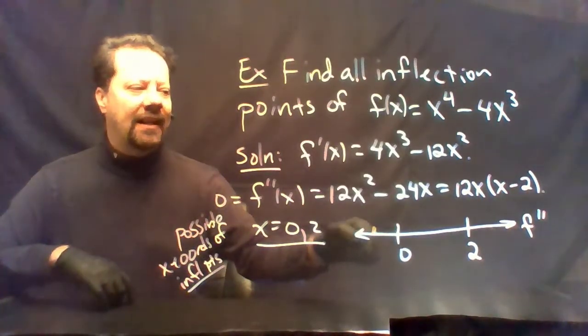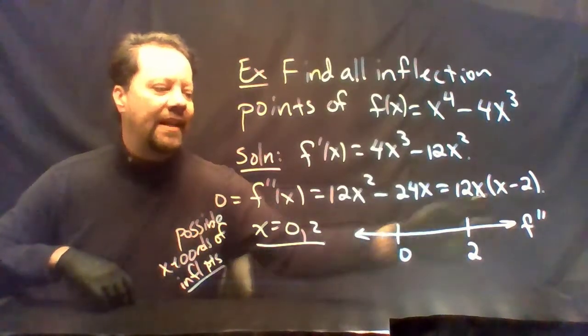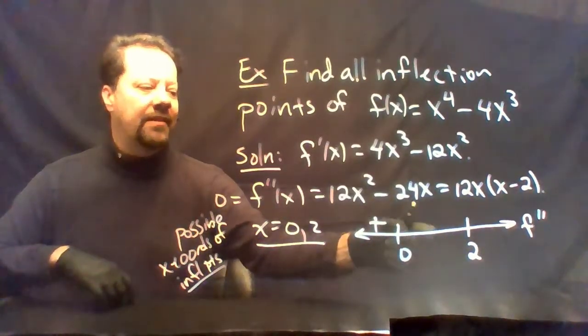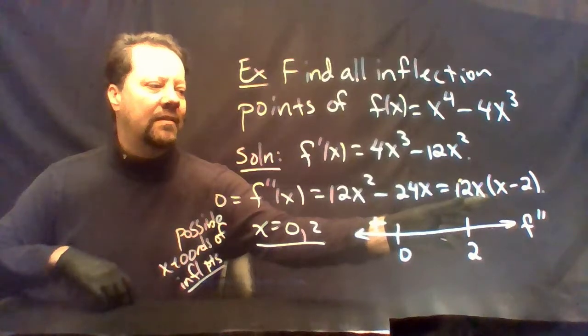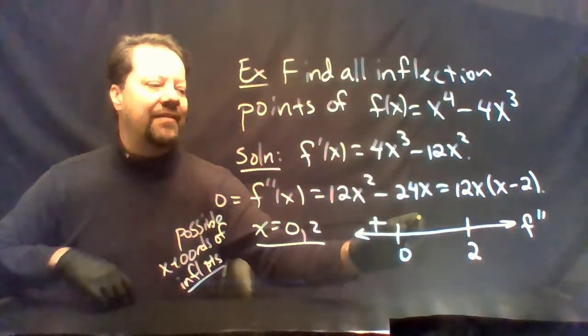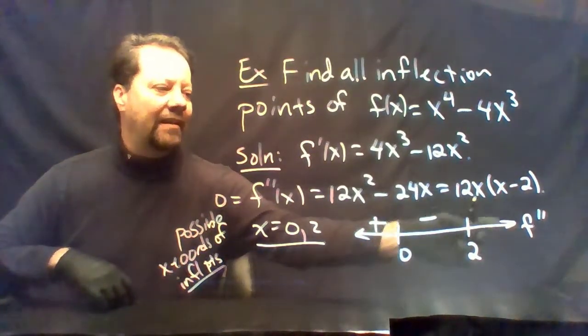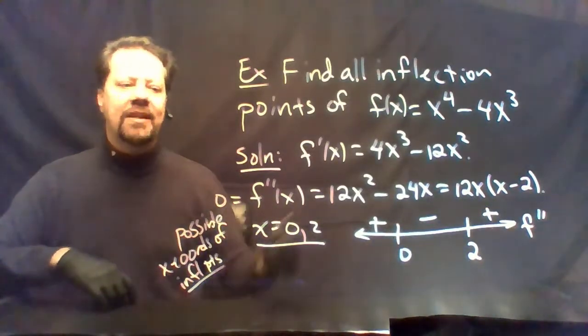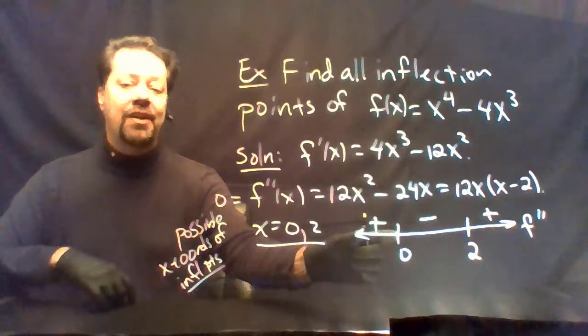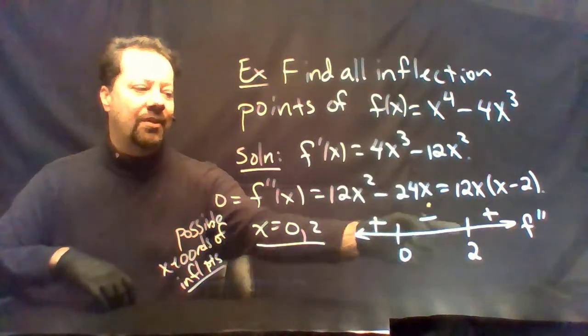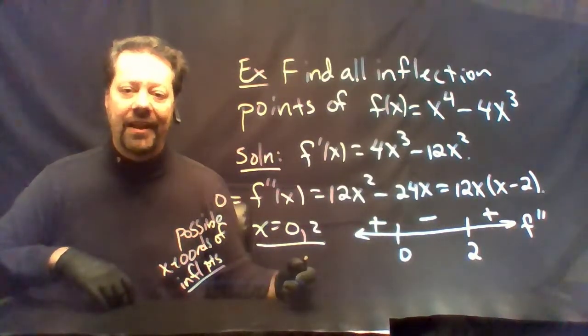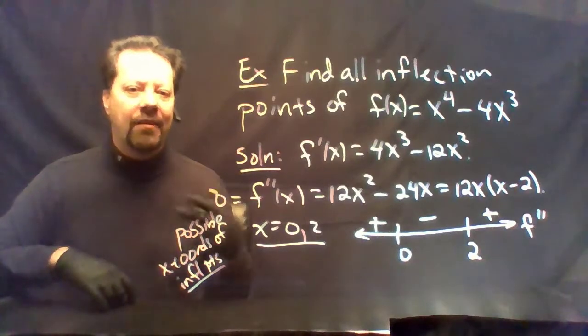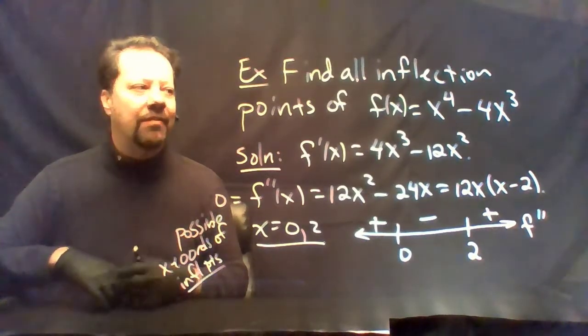Plugging in something like -1, we get negative times negative is positive. Plugging in 1, positive times negative is negative. Plugging in 3, positive times positive. We can see then that we change concavity at x equals 0, and we also change concavity at x equals 2. There will be 2 inflection points for this curve.